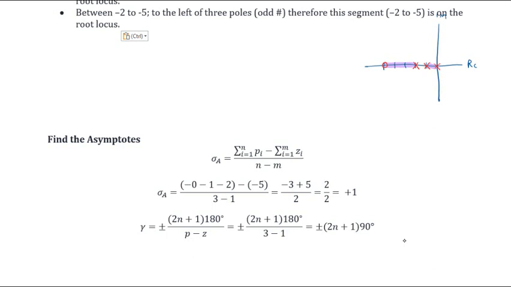So we've got the 3 poles, there's -0, -1, -2, minus the 0 at -5, and there's 3 poles minus 1 zero, which is 2. So it's going to be negative 3 plus 5 over 2. That's 2 over 2. So the asymptote's going to be right here.